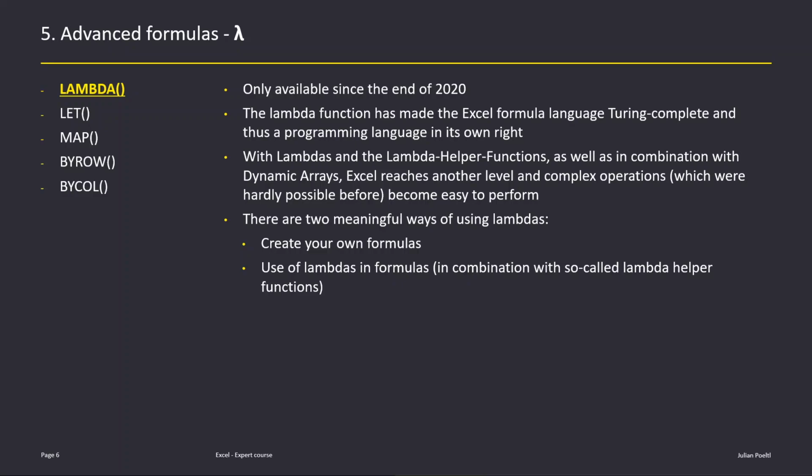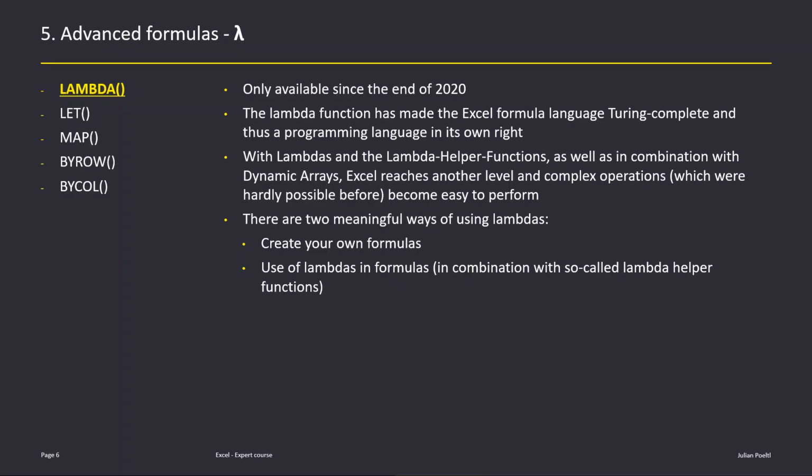So also the Excel formula language is a programming language. And with the lambdas and the lambda helper functions, and especially in combination with dynamic arrays, Excel reaches another level, and you can do very complex formulas which were very hard before very easily.